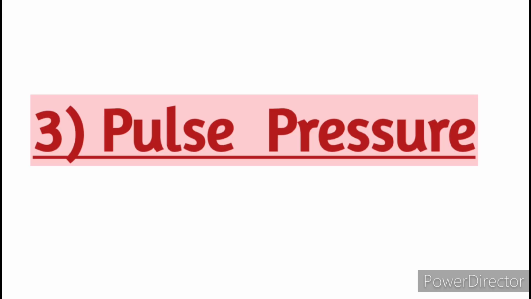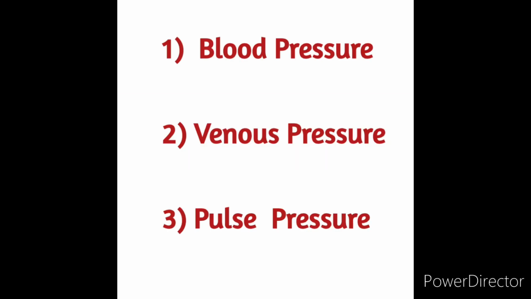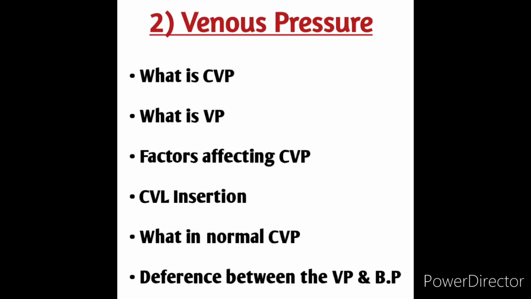Today in class, we will briefly see the index. For venous pressure, we will discuss what CVP is, what VP is, factors affecting CVP, CVL insertion, normal CVP, and differences between VP and BP. VP means venous pressure, BP means blood pressure, CVP means central venous pressure.